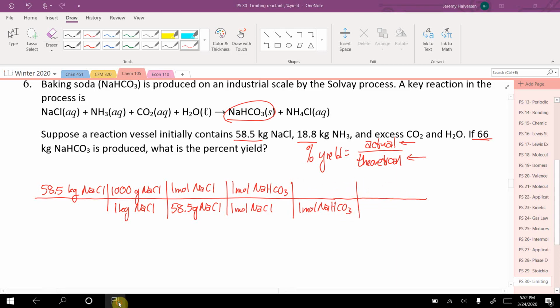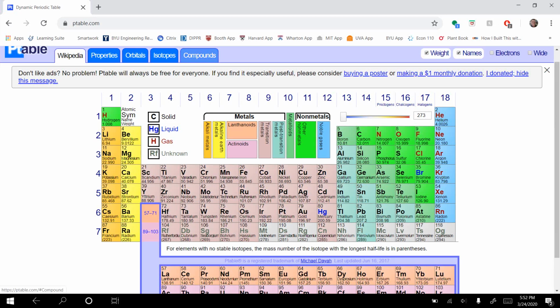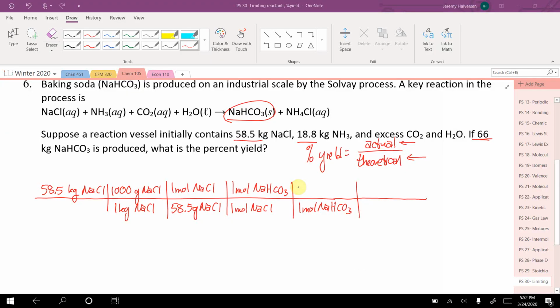Molar mass of NaHCO3, and I got 84. And there's 1,000 grams in 1 kilogram.